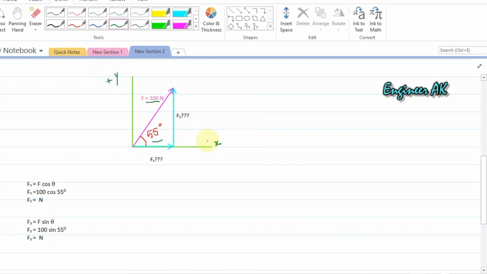Now we again know that F of x is equal to F cos theta, and I have put the values 100 cos of 55 degree.